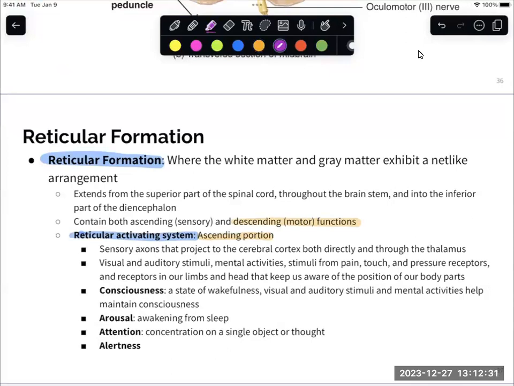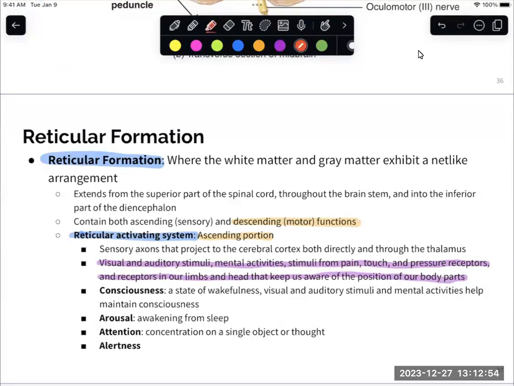But this reticular activating system, it's going to take in visual, auditory, mental activities, stimuli from pain, touch, pressure receptors, and receptors on our limbs and head that keep us aware of the position of our body parts.